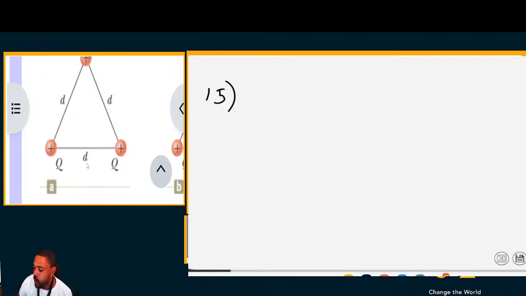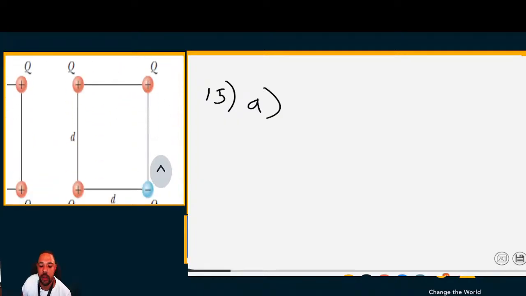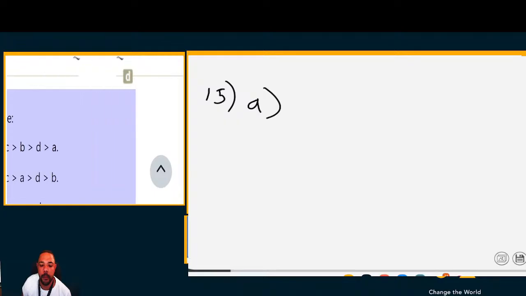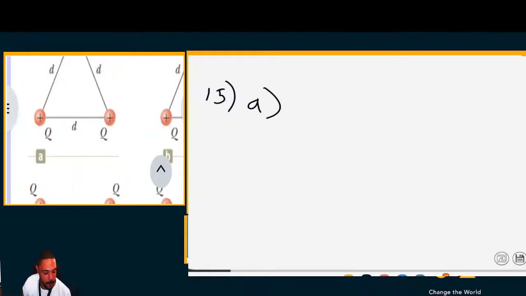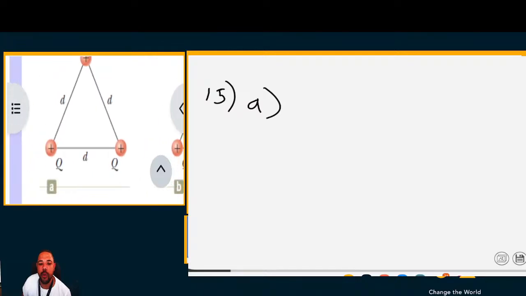So let's do it for A. Let's calculate the electric potential energy due to A. How many are there? There's A, B, C, and D. For setup A, the electric potential energy U is equal to k.